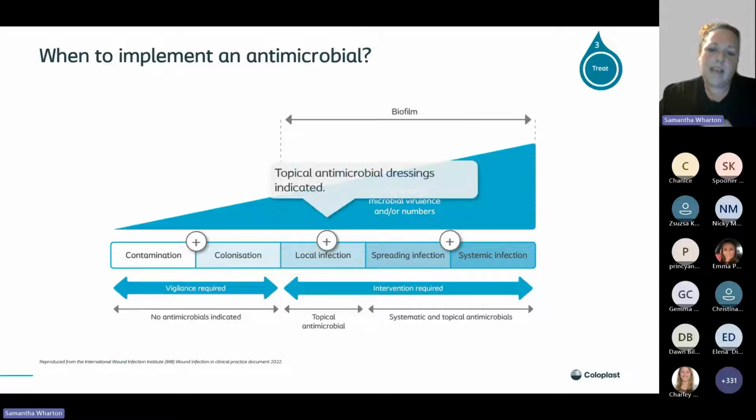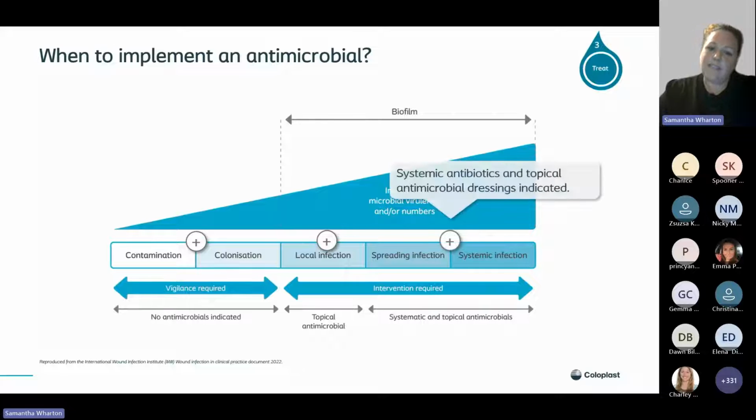But then when we step into local infection, this is where a topical antimicrobial dressing is indicated. This is where we need to take action. There are those local signs of infection, be that subtle or those more classic signs, and we need to start thinking about what antimicrobial dressing is going to be needed to ensure that we're reducing those microbes and getting rid of them before we start moving along the continuum.